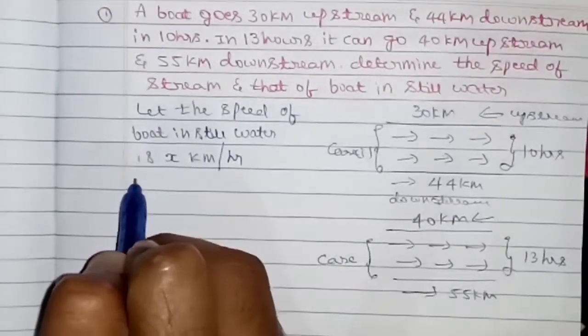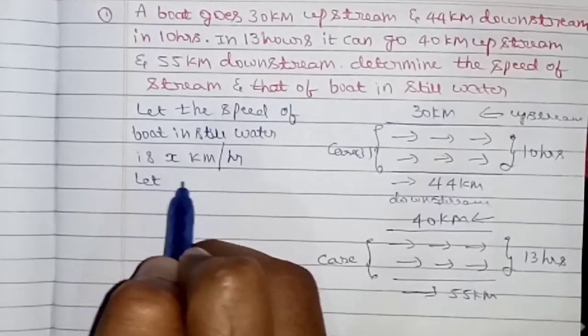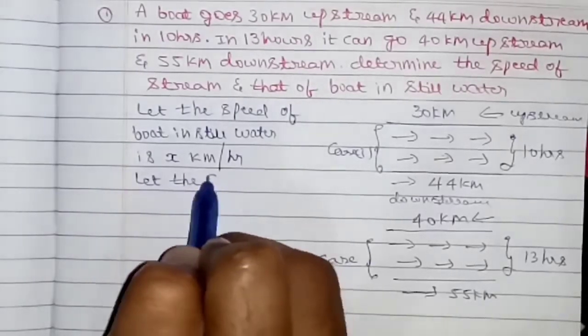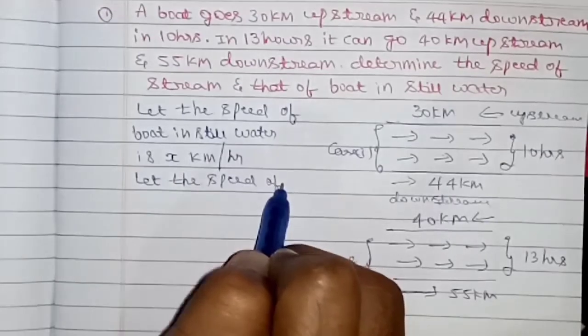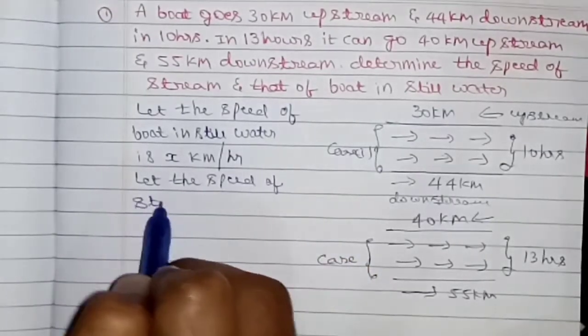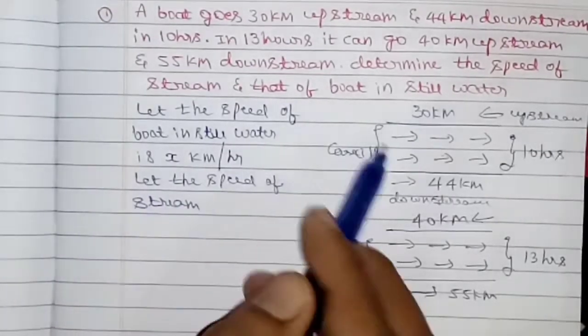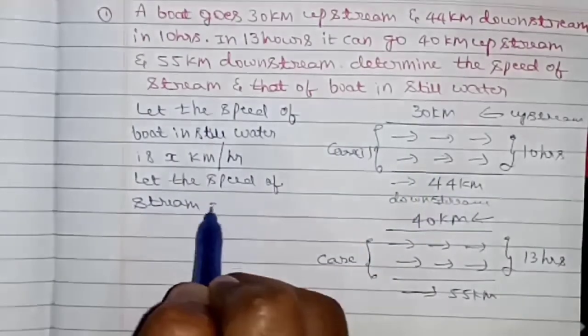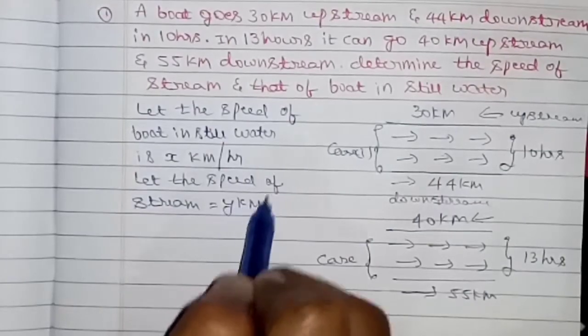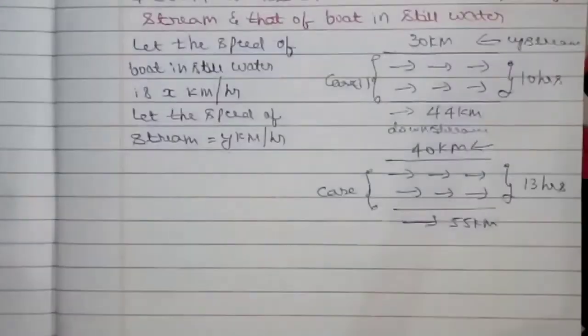Now let me take the other one. Let the speed of the stream, nothing but the rate of speed at which water flows, be y kilometers per hour, right children?